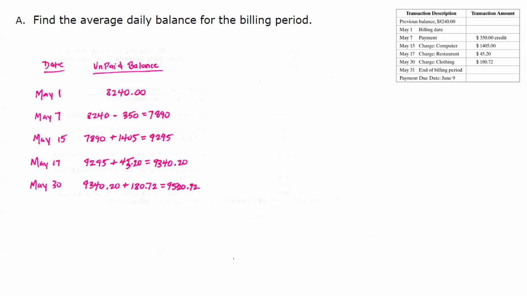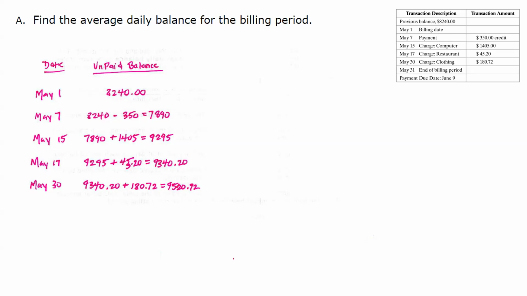And then for each date, I'm going to determine the unpaid balance. So for May 1st, I had a previous balance from April. So that's $8,240. May 7th, I had a credit, so my balance decreased. So I will subtract $350. May 15th, I added more to my balance by purchasing a computer.